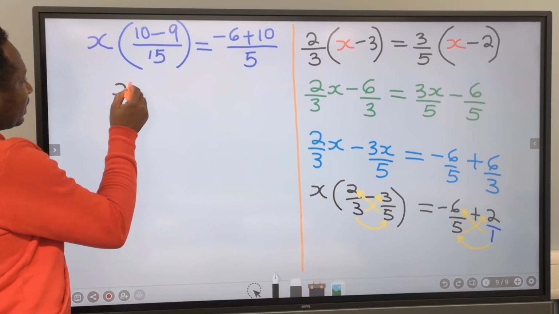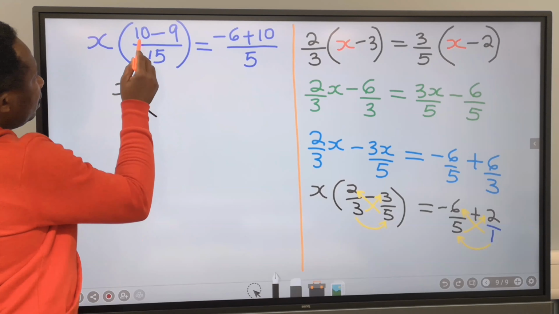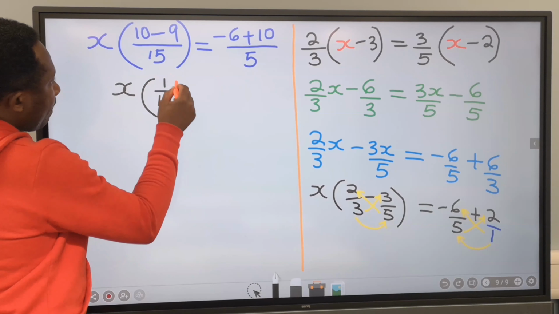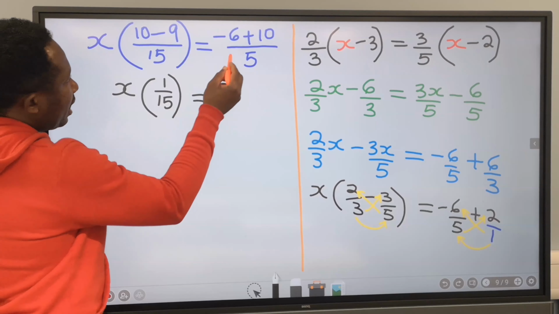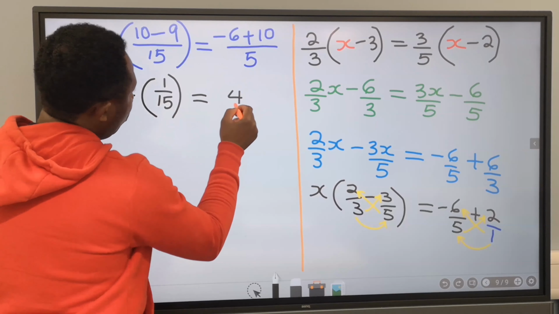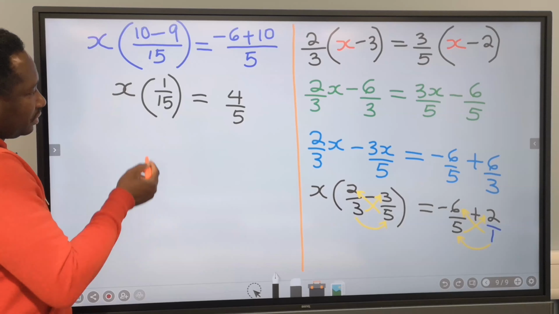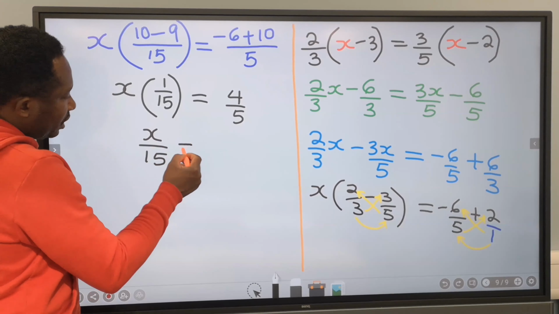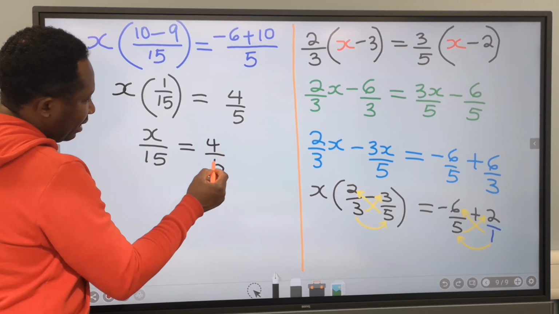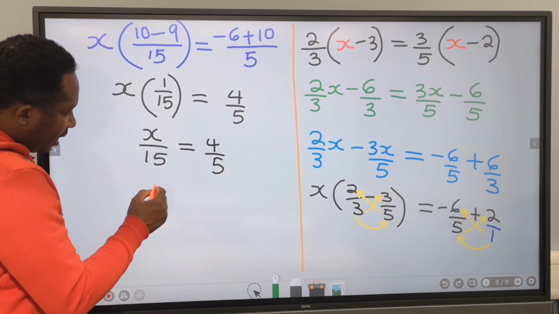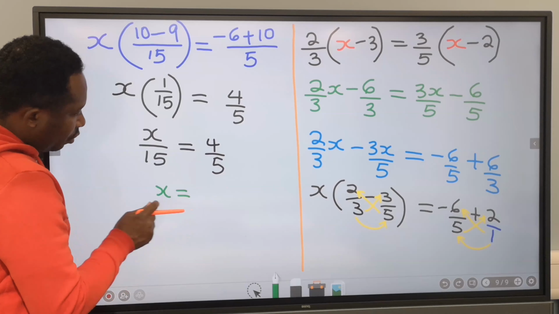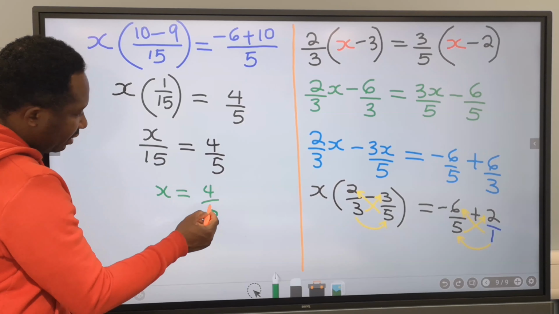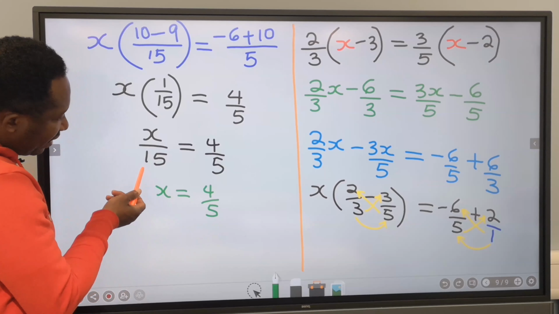I'm going to have that x is, this is 1 over 15. And here we got 4 over 5. This is like x divided by 15 is 4 over 5. And here is x is, we have isolated x. This is 4 over 5. 15 is dividing.